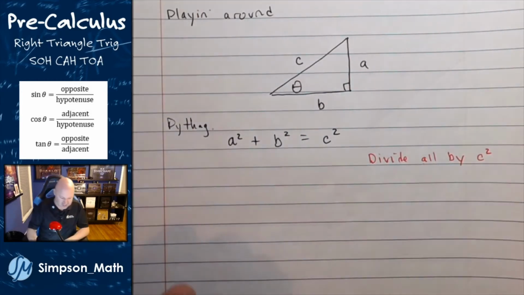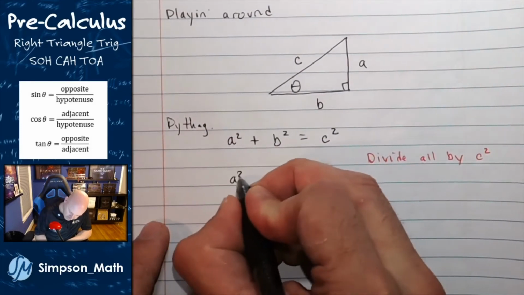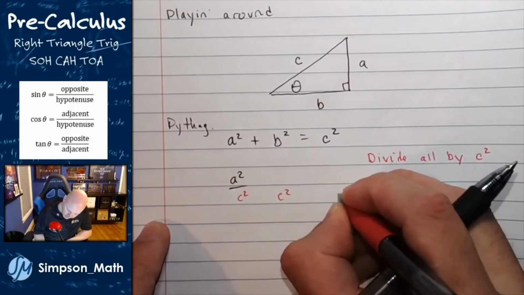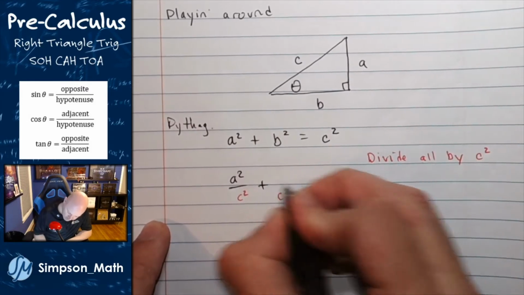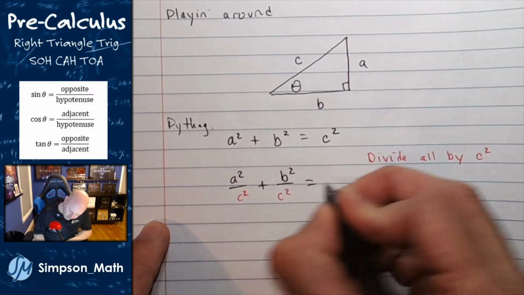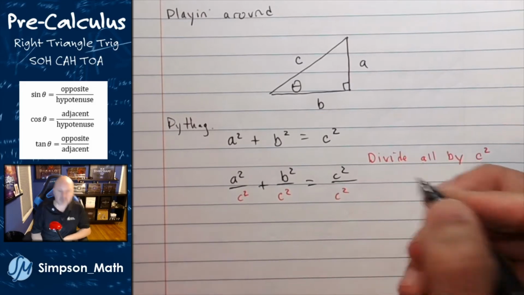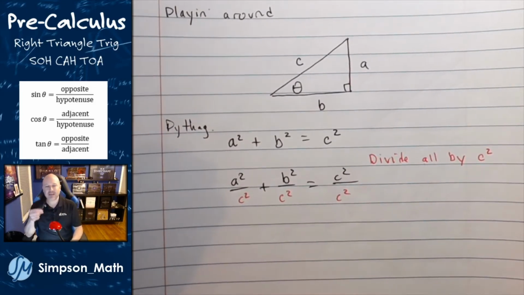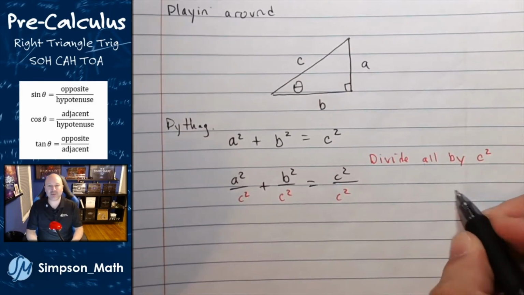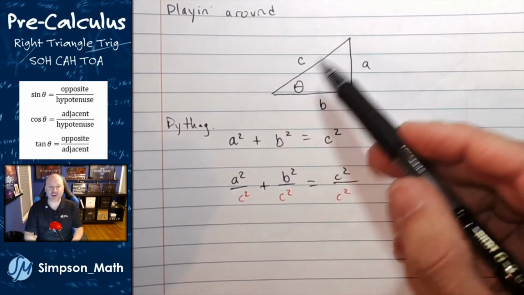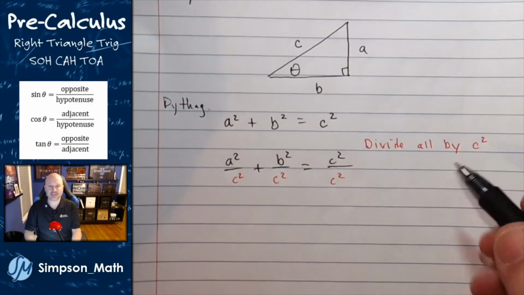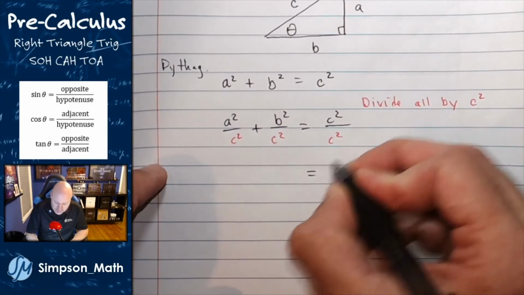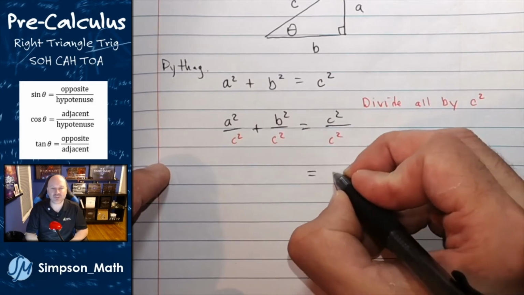Okay, let's just see. That seems legal. You know, c can't be 0, but if I'm talking about the hypotenuse of a triangle, surely it's not 0. And then I think we're all on board with saying anything divided by itself is just 1.